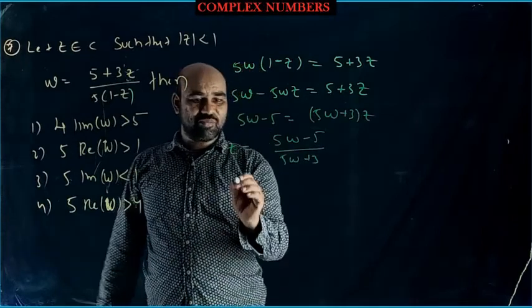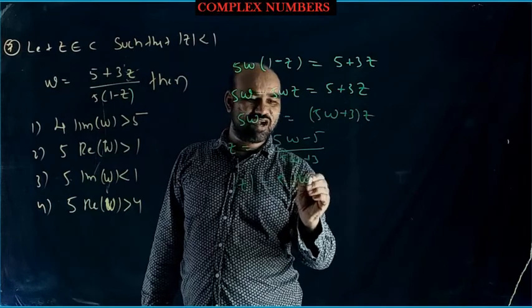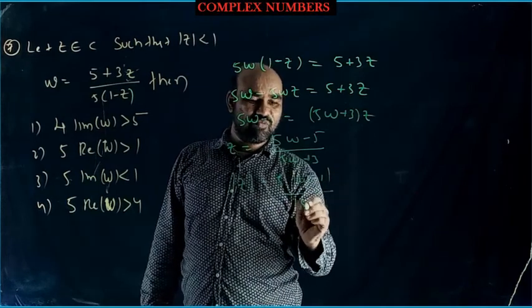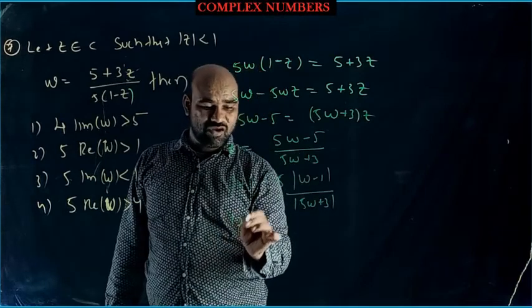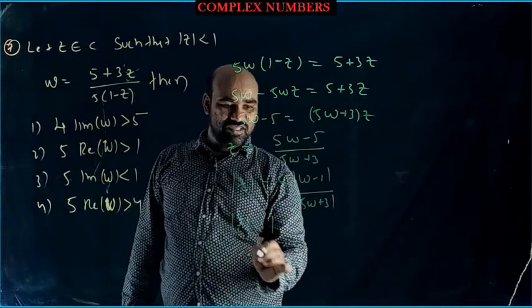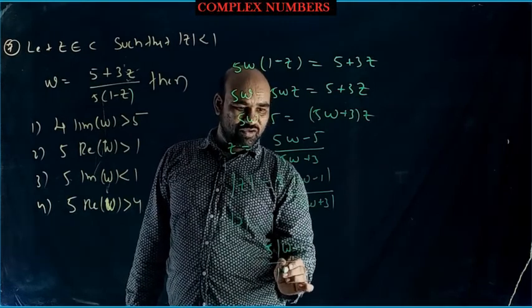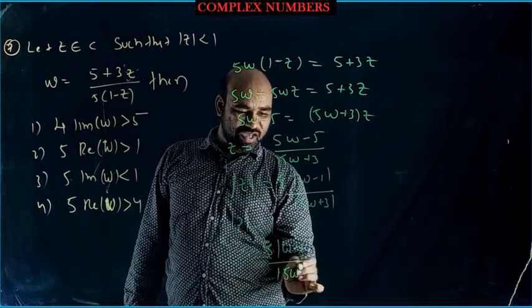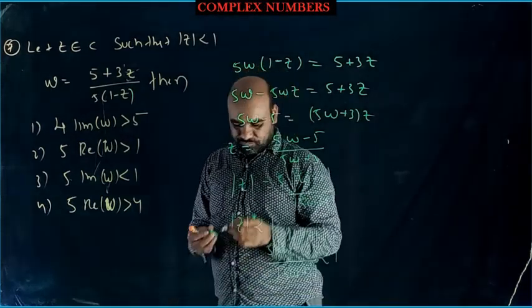So mod z equals 5 times mod of omega minus 1 by mod of 5 omega plus 3. Mod z less than 1 means 5 times mod of omega minus 1 by mod of 5 omega plus 3 is less than 1.